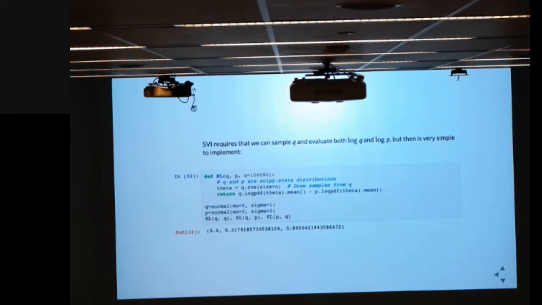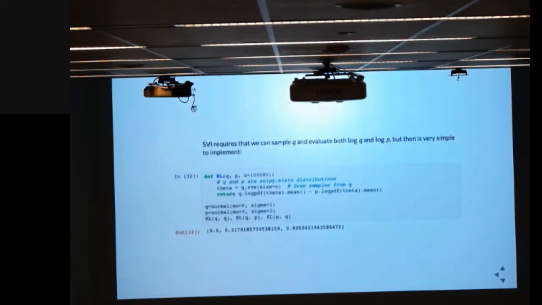You said that we don't know P. So P is actually what we want to approximate with Q, right? Yes. But here you get to pick P as a Gaussian distribution. No, this is just for this example of calculating. But in the end you need to know what P is to calculate the KL. Exactly. Good point. I haven't explained that yet, but I will.